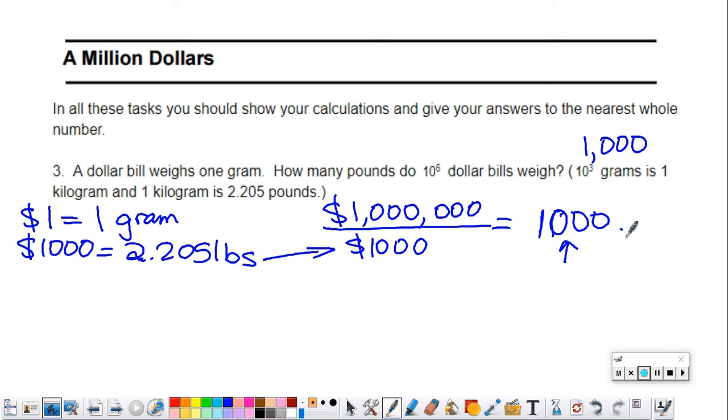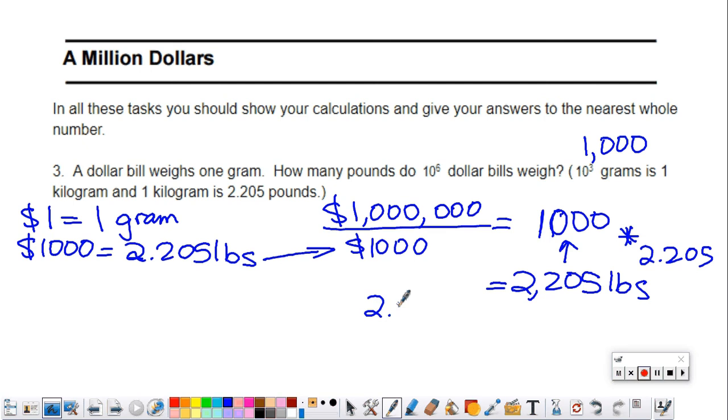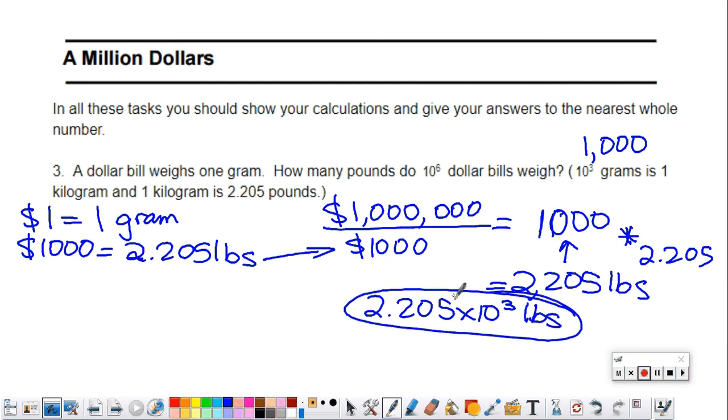So 1,000 times 2.205 pounds equals 2,205 pounds. But I want you to write it in scientific notation, of course. 2.205 times 10 to the third power pounds. There you go.